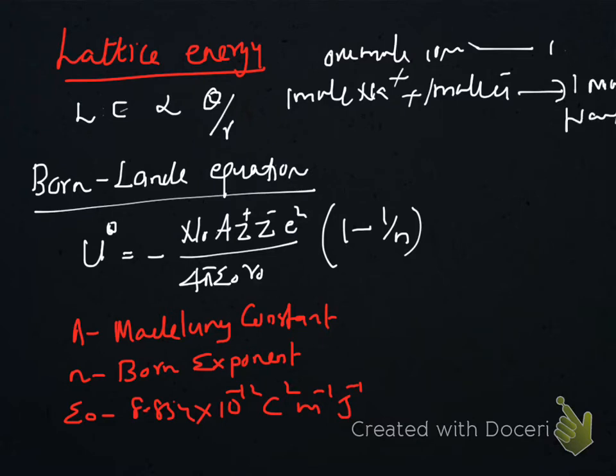So the amount of energy released during the combination of 1 mole Na+ and 1 mole Cl- is called lattice energy of NaCl.